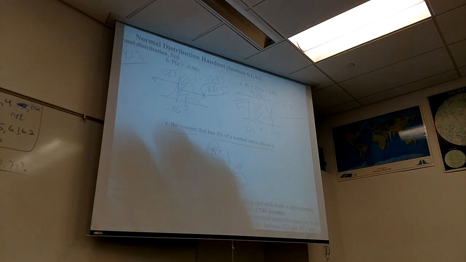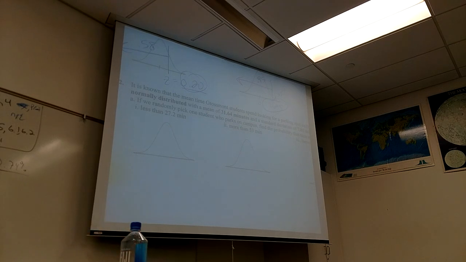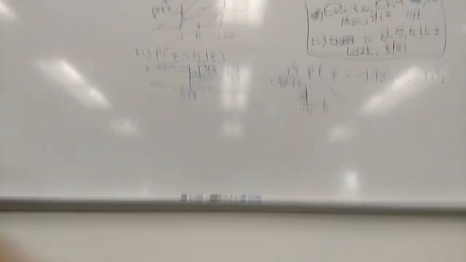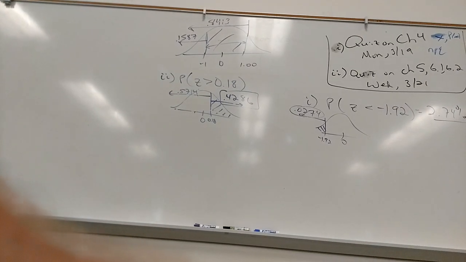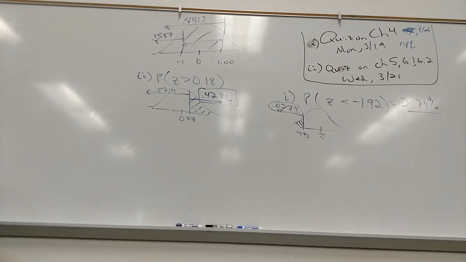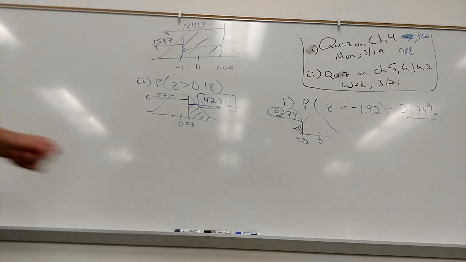Okay, so that's number one. Let's talk about what to do for problems like number two. Somebody remind me, what is the z-score formula? It's the distance from the mean divided by the standard deviation, to see how many standard deviations fit in there. That's why the z-score does what it does.